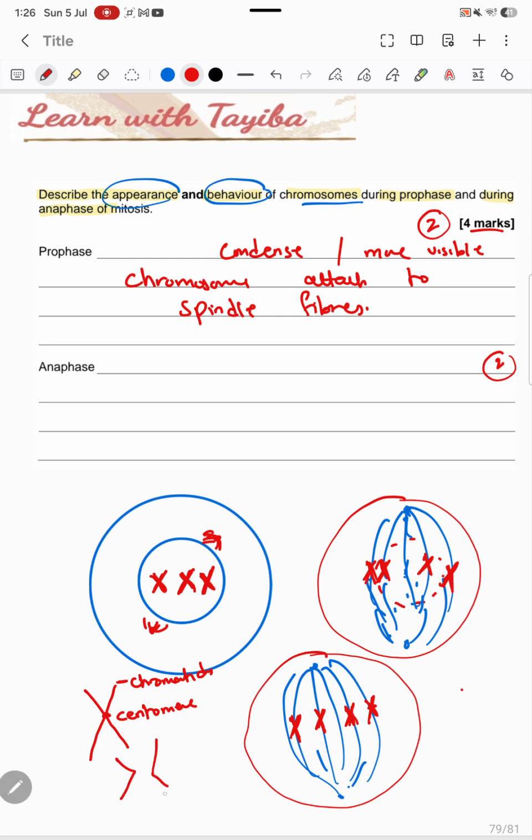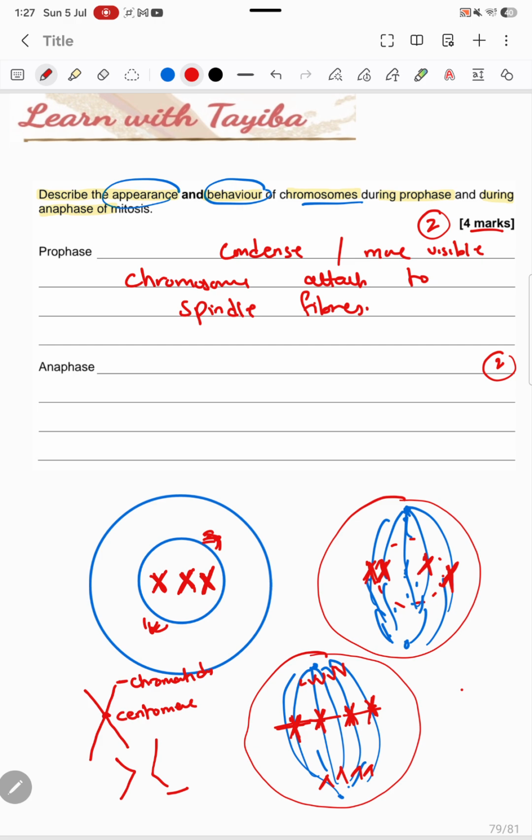So each chromatid, we consider as an individual chromosome, and they start being pulled by the spindle fibers towards the opposite poles. So half of the chromosomes move to one side, and the other half move the other way.